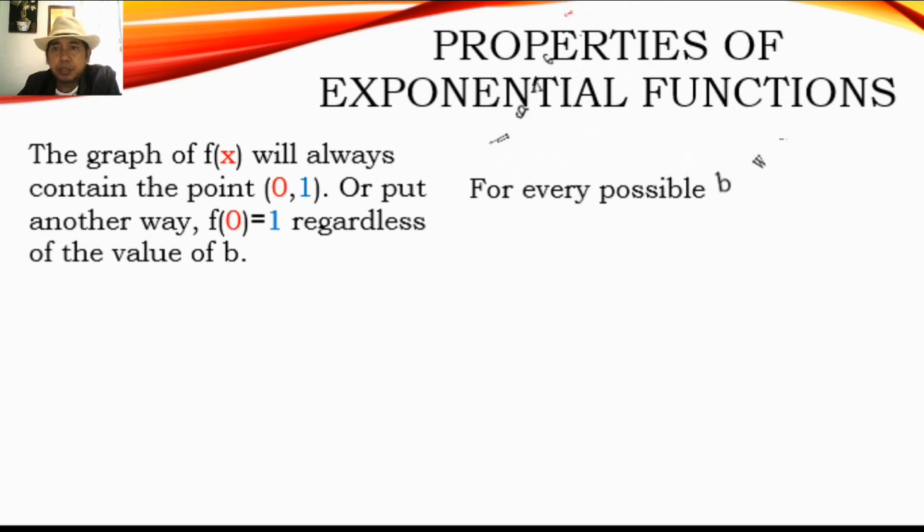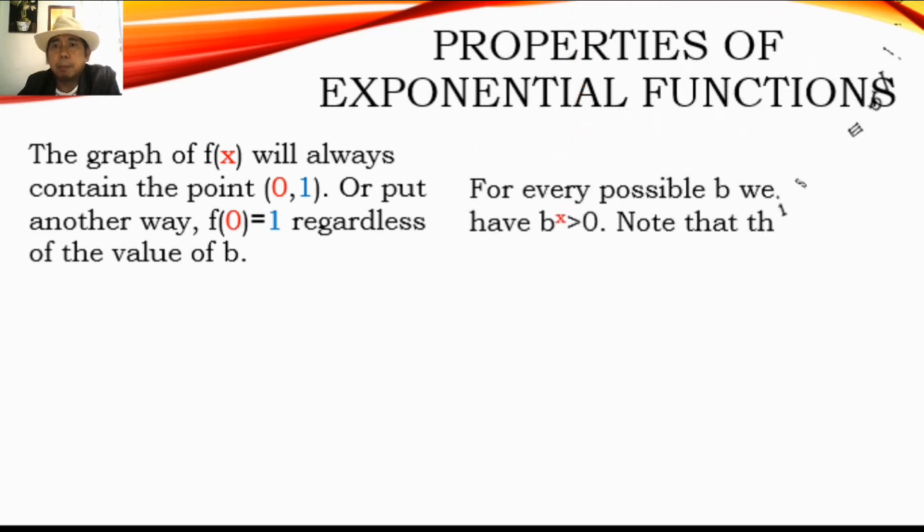It says in here, for every possible b, we have b raised to x is greater than 0. Note that this implies that b raised to x will not be 0.